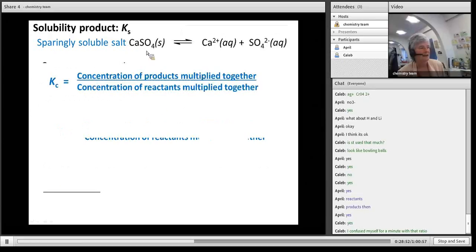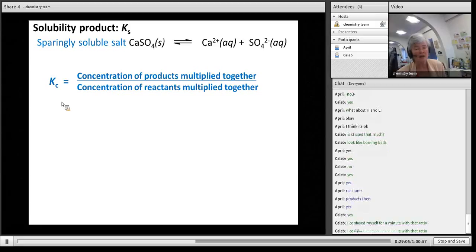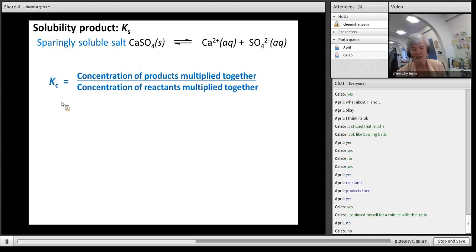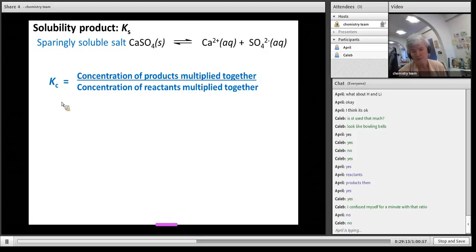So I don't want to go too much into the equilibrium, but we only use the equilibrium for something we can measure, like as in concentration, because concentration can change. Can the concentration of a solid change? No. Okay, because once it's on a lattice, then it's on a lattice and it can't get closer or further apart.